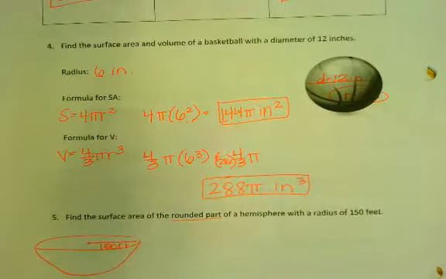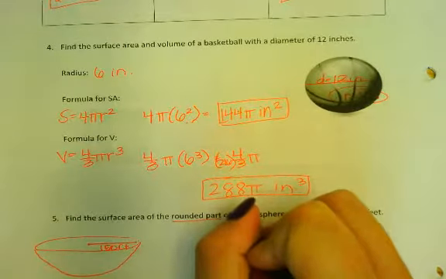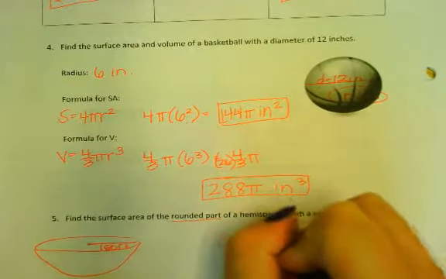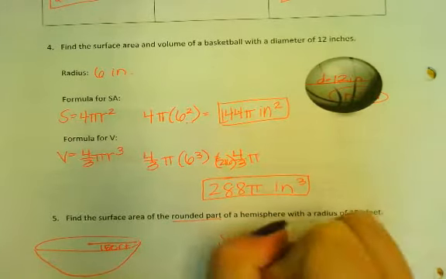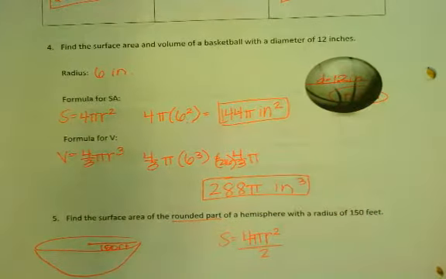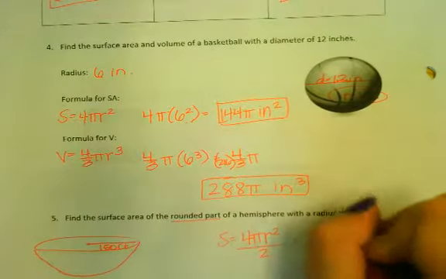So how would we find half the surface area? So you would have 4 pi r squared divided by 2. Or 1/2 of 4 times pi times, what's your radius?